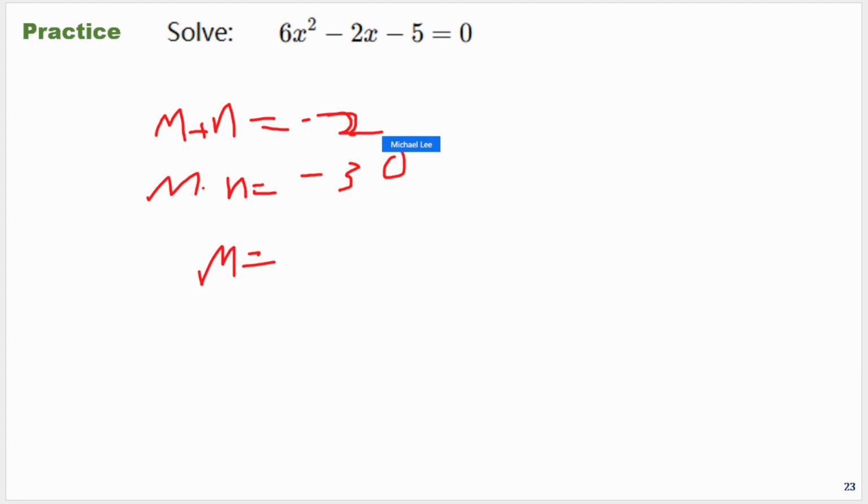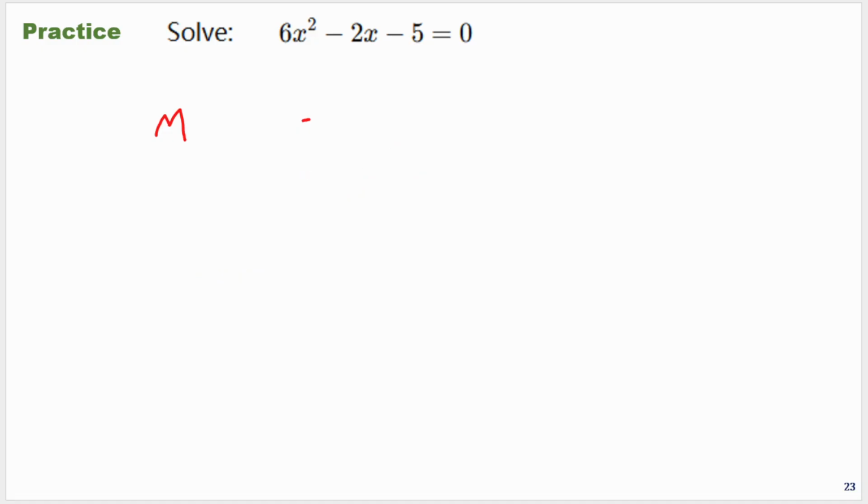Can you factor this? No. I want to use this example to illustrate that it's not always easy for you to factorize a quadratic expression, right? If you cannot factorize it easily, you can always refer to the quadratic formula. Yeah, I can do the quadratic formula. Okay, so I'll just pass on this, okay?